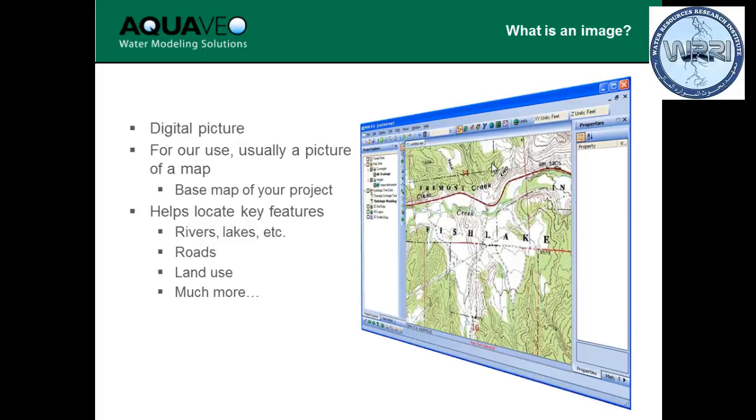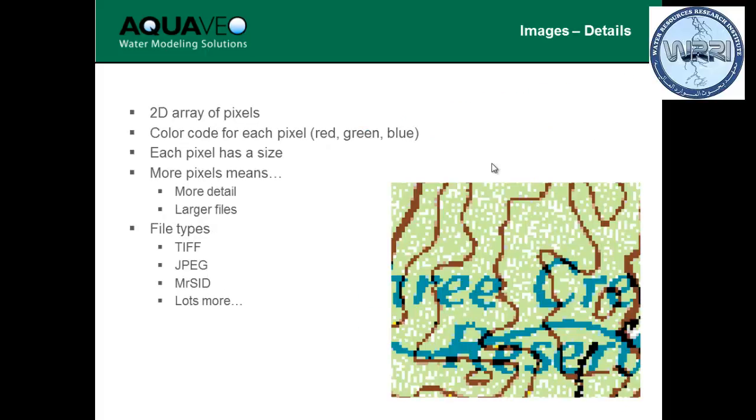Most of the time, if you have a picture, you're just going to use it as a base map for your watershed model. You can't extract any data from an image. Really the only thing you can get from it is the background information, where the roads are located, where your rivers are, and maybe the land use type. But they're really useful for locating things.